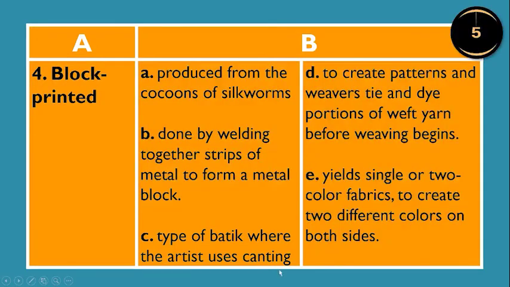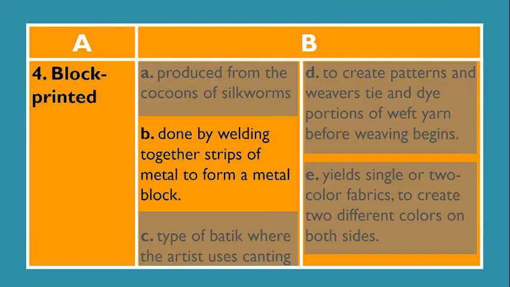Let's have number 4. Black printed. Ready? You have 5 seconds. Time is up and your answer is? That is B. Black printed is done by welding together strips of metal to form a metal block.